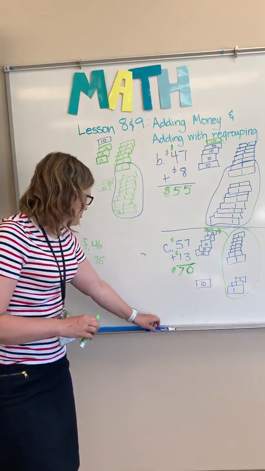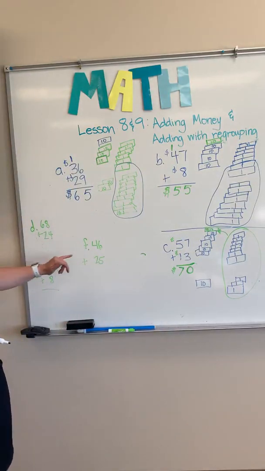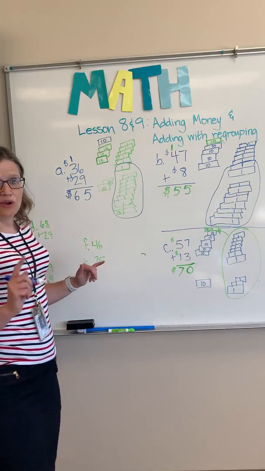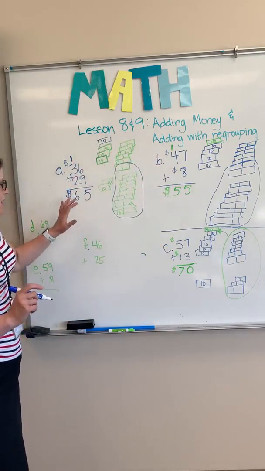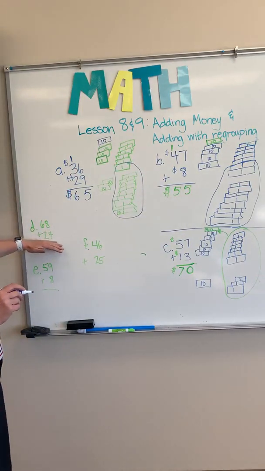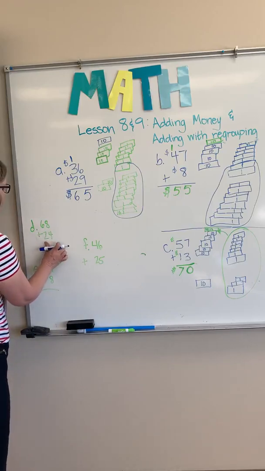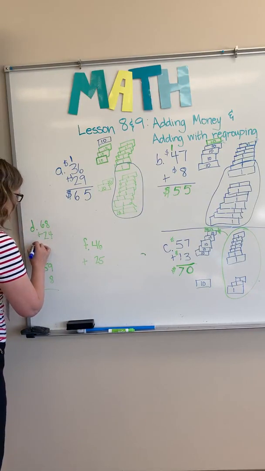Now we're going to do problems D, E, and F, and these you're going to find are a little different because we're not drawing these all out. We are going to actually work with regrouping in our mind. So here we go.